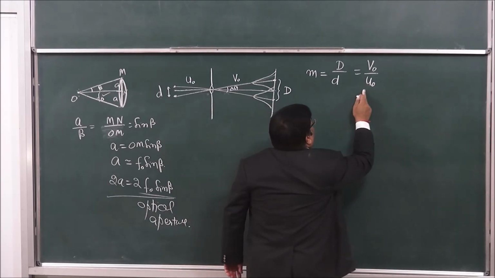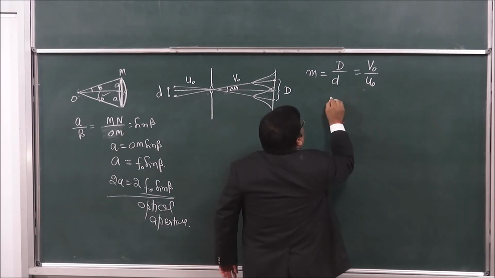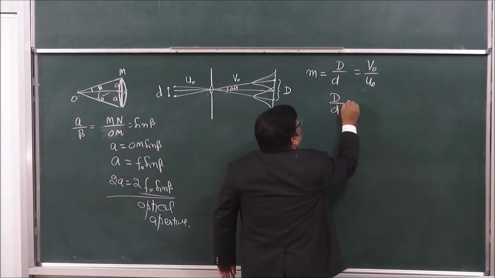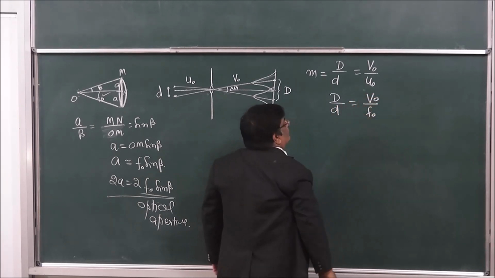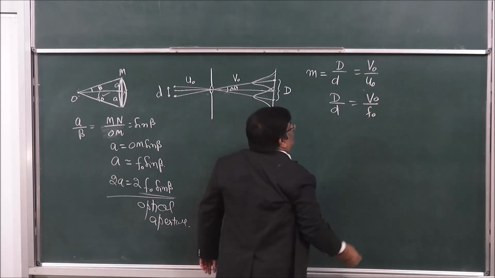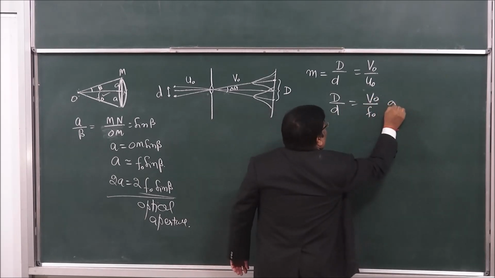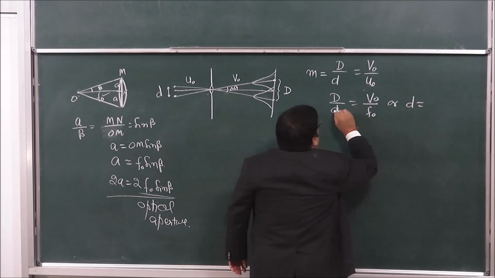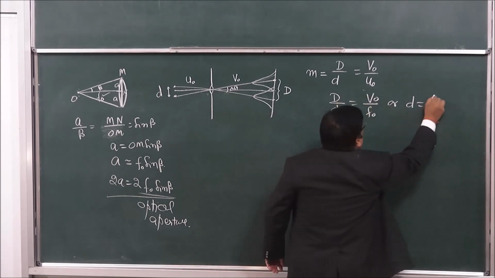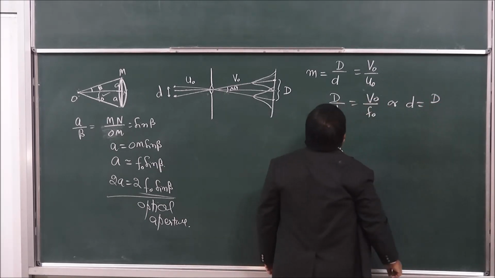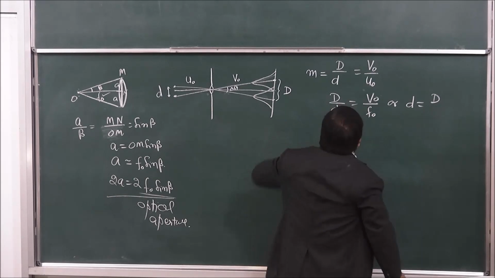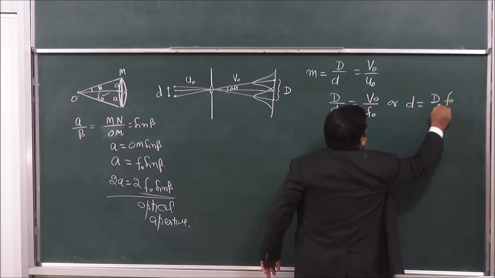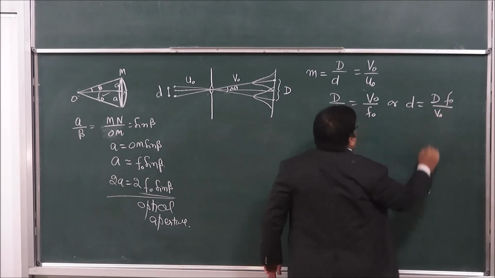So we can also write this as D by d is equal to V upon focal length, or small d is equal to capital D into f_o upon v_o.